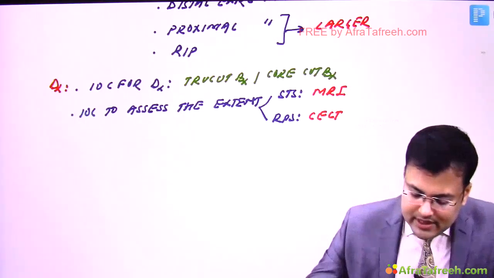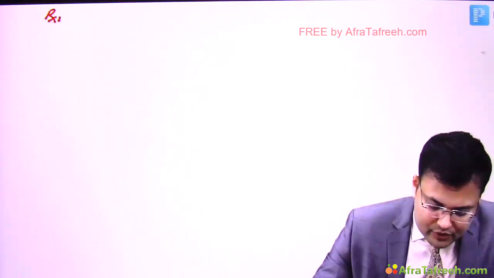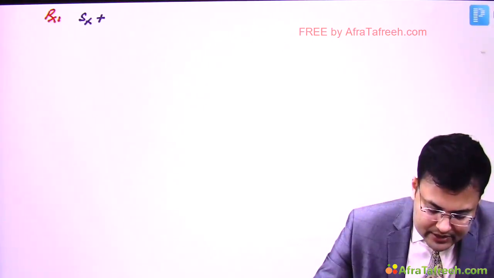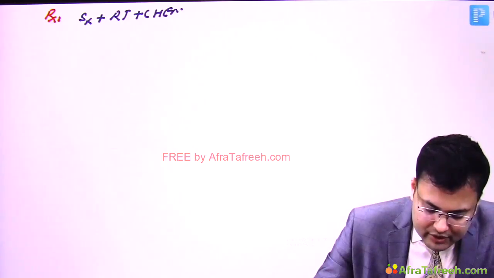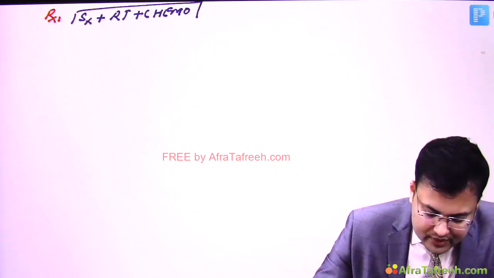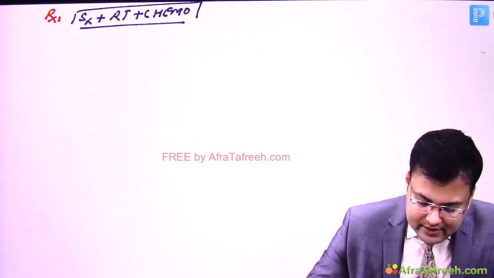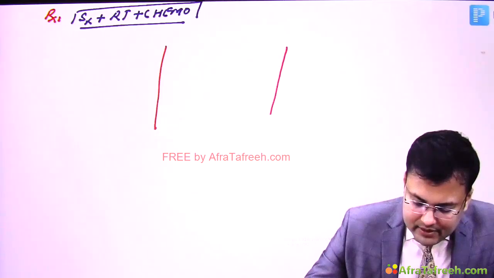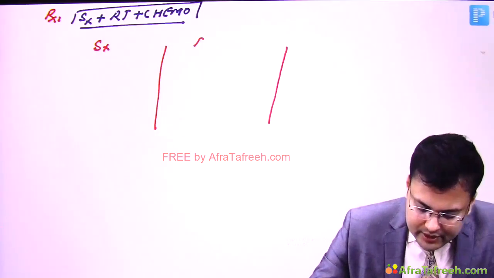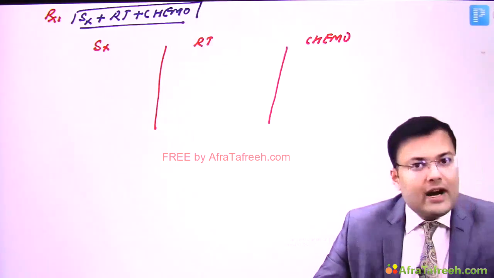Okay, so treatment of soft tissue sarcoma. Generally we go for surgery plus radiotherapy plus chemotherapy. We have all these 3 options. Okay, now see in detail what are the options available. In surgery, we go for wide local excision.